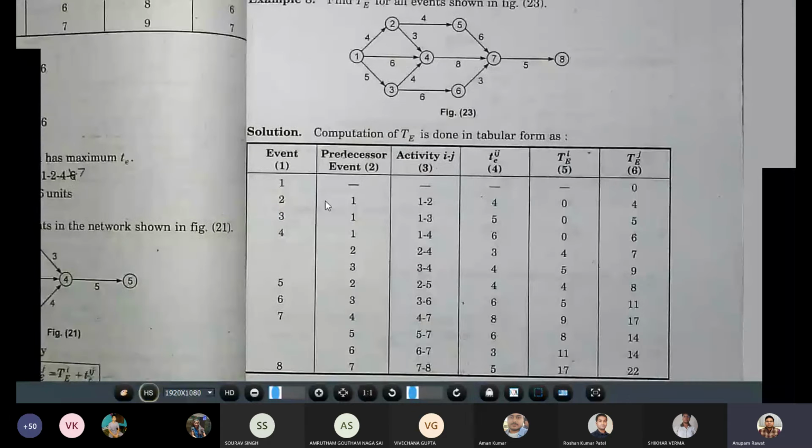For event 1, there is no predecessor event, and activity is also not there. For event 2, the predecessor event is 1, activity is 1 to 2. The time taken for 1 to 2 is 4. For 1 to 3, the time taken is 5. For 1 to 4, the time taken is 6.